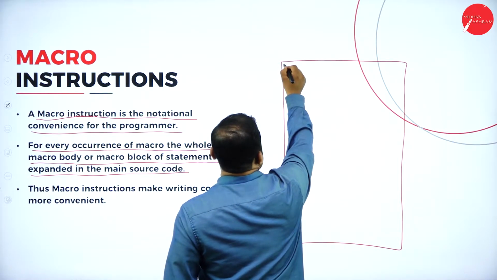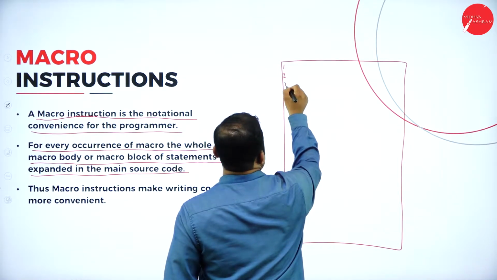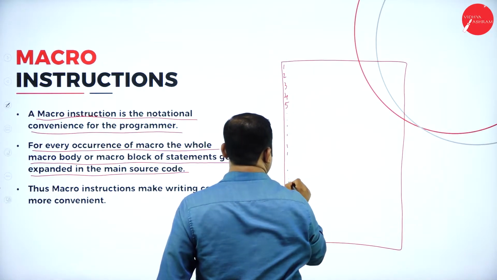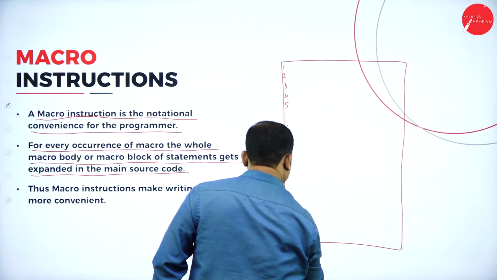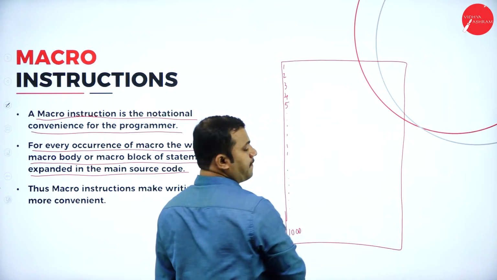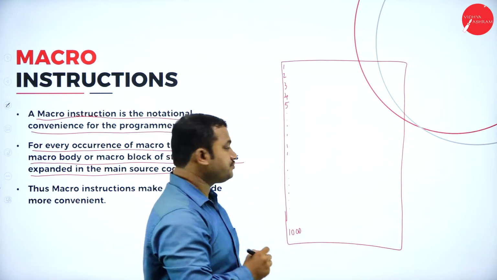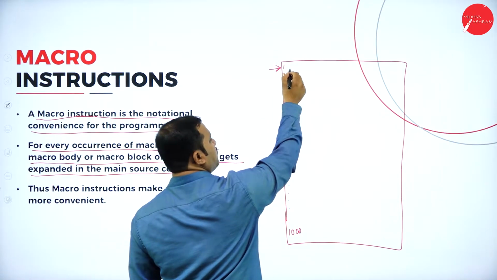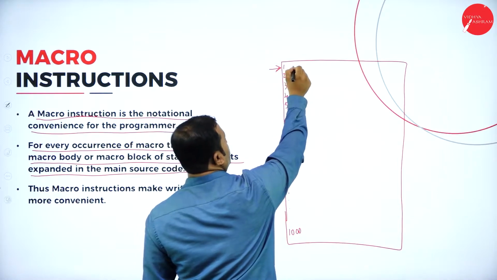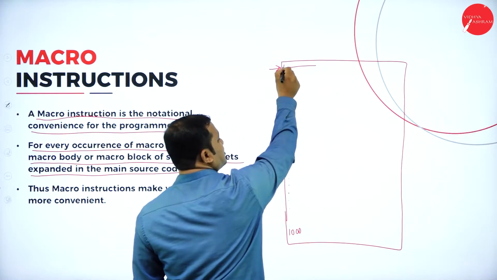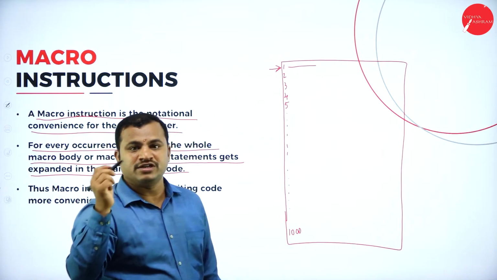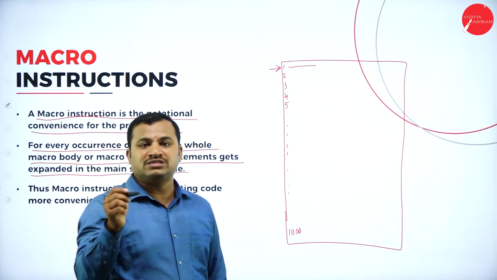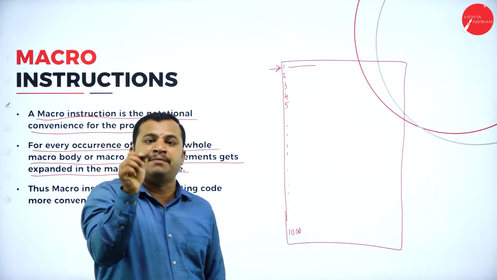This is line number 1, 2, 3, 4, 5, so on till the 1000th line. Now, the compilation begins from the first line of the source code. Which is the first line here? The statement which is written at the first line is called the first line of the source code, and this first line of the source code is considered as a reference for compilation.